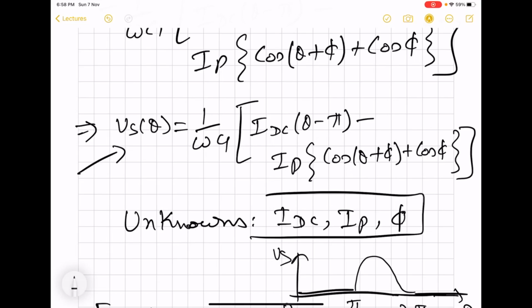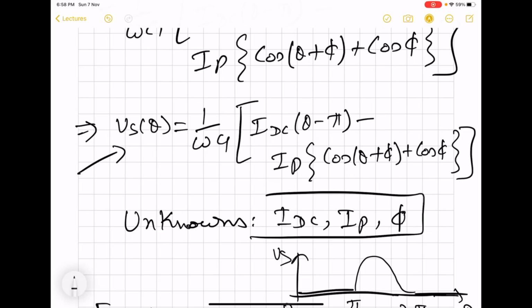And third is, if you recall this circuit, you can see that the drain voltage is always going to be equal to VDD. So here the DC voltage is always going to be VDD, and since there is a switch voltage between drain and ground, this Vs, that means the DC of this Vs must be equal to VDD.